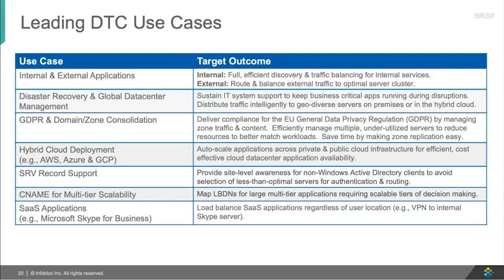Yeah, there's a lot of use cases around the way to kind of deploy and use DTC, whether it's a DR strategy, if it's both internal and external applications. We'll talk a little bit about GDPR in a minute. That's a really good use case, as well as using the CNAME functionality we added. We added CNAME support in our last version, and being able to use that to do tiers of application deployment. So we'll get into that in just a minute as well.